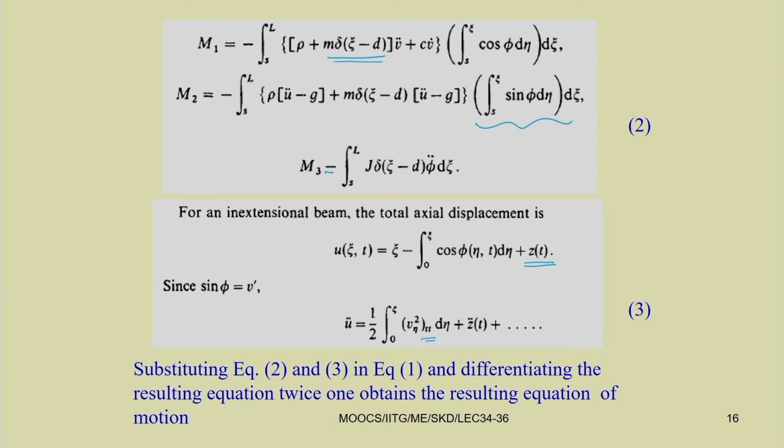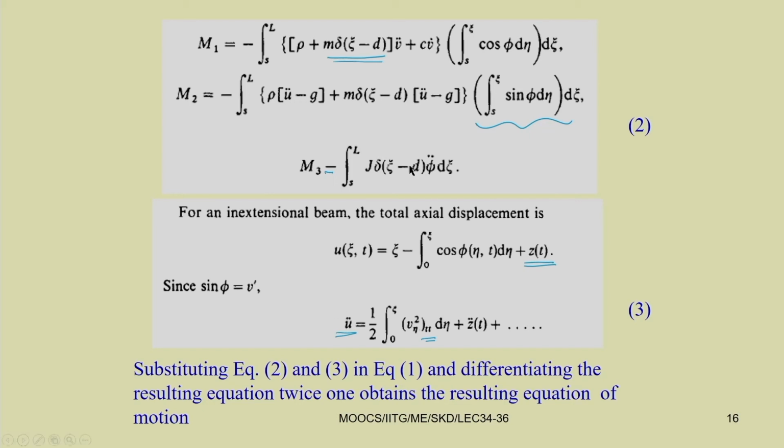Now you just see, by writing this u double dot term, we have eliminated or reduced the axial displacement in terms of the transverse displacement. So, this is due to the inextensional property of the beam. We are assuming the beam does not extend in that direction.